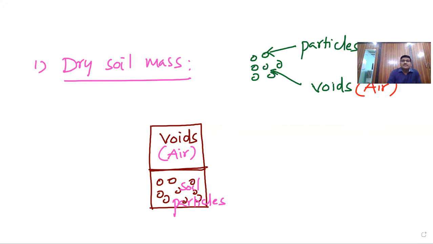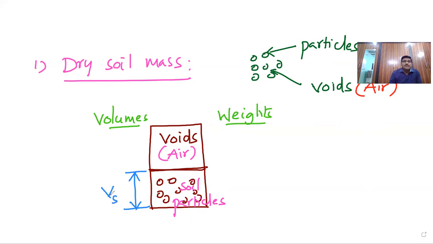Clear? This part is completely only soil particles, hence this entire thing is the volume of the soil particles, Vs. V stands for volume, s stands for soil particles.